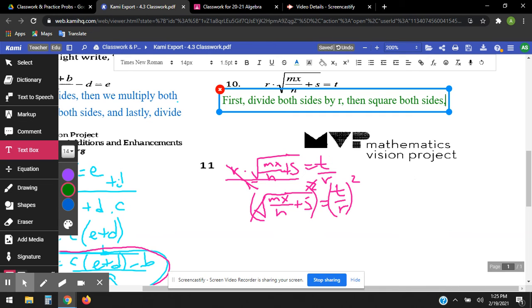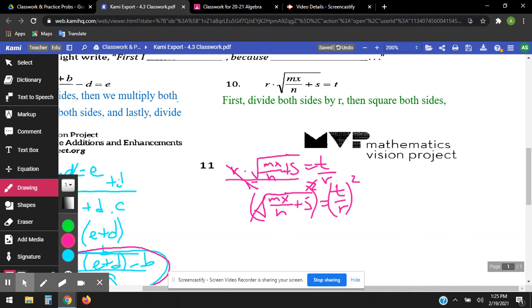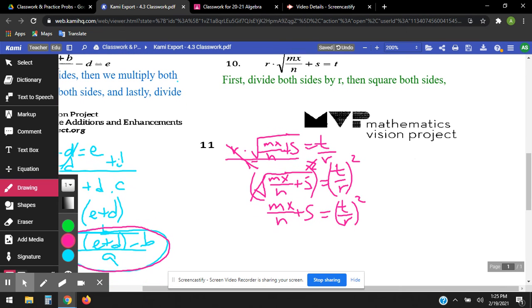Okay, so now that we've squared both sides, we are left with mx over n plus s equals t over r squared. Okay, well, now let's again keep working our way towards the x. So instead of plus s, we need to subtract s from both sides.